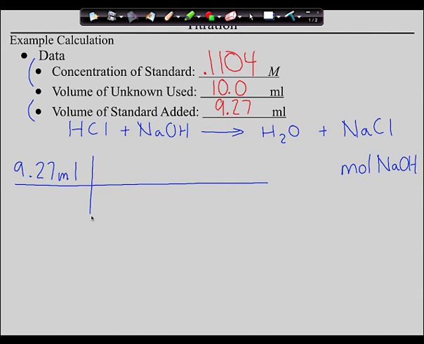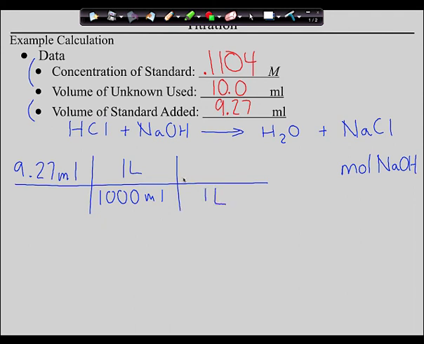So guys, what do we do first? Milliliters to liters. 1,000 milliliters is 1 liter. Then, guys, just like before, how do we go liters to moles? Is what? It's molarity, right? This thing.